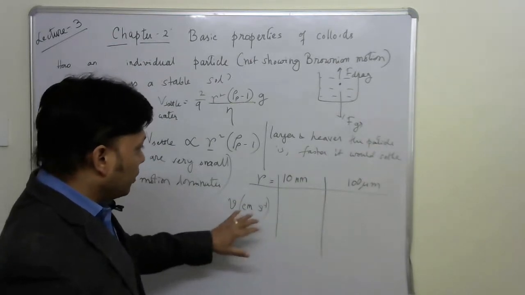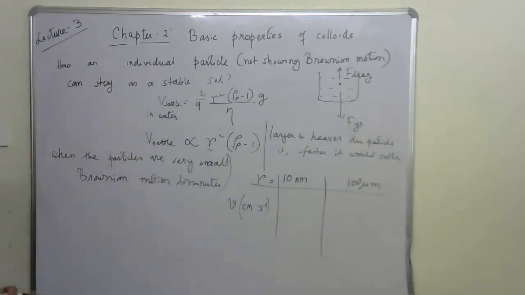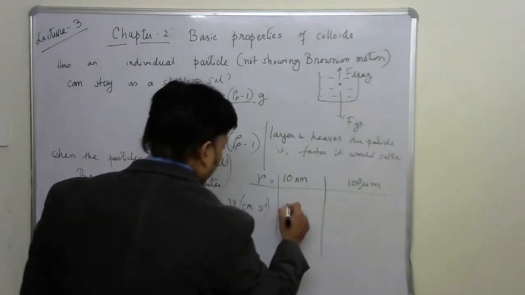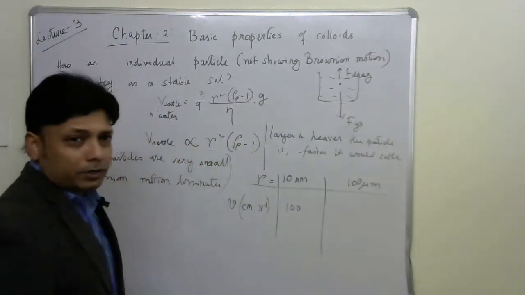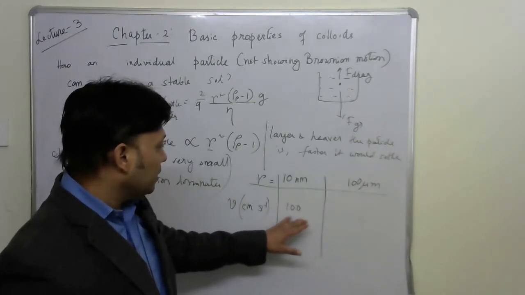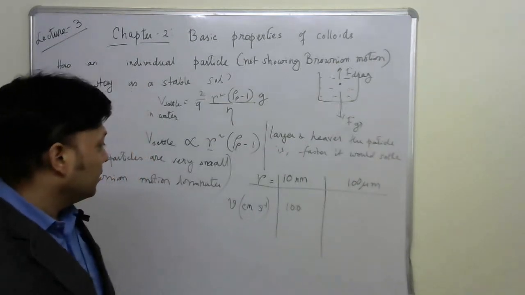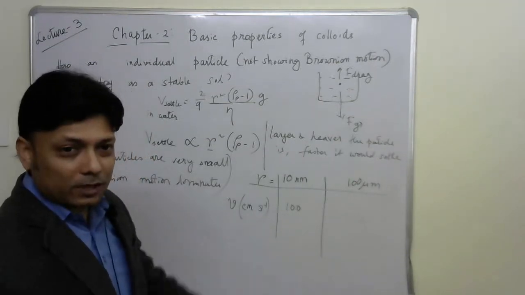For a 10 nanometer particle we observed it to be almost 100 centimeter per second. So can you convert into meter per hour? Okay, please convert and try to assess.